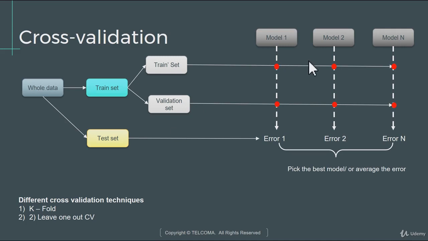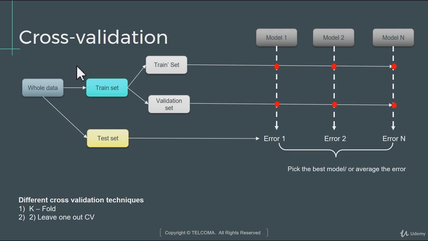Now in this process, you create several models with some variation between the training and the validation set, and then finally you take the best one and see how it performs on the test data set. Now that's cross validation in a deeper and more extensible way.